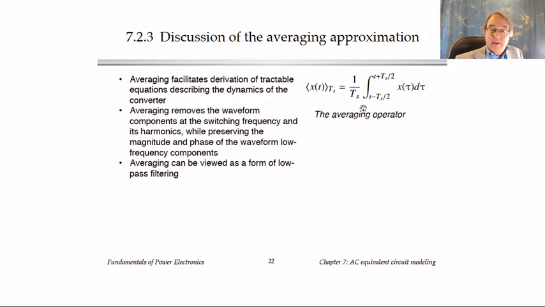It's removing the switching frequency components while preserving the magnitude and phase of the low frequency components of the waveforms. So really we can think of this averaging operation as being a type of low pass filtering, where we're removing the switching harmonics of the waveform and preserving the low frequency components.